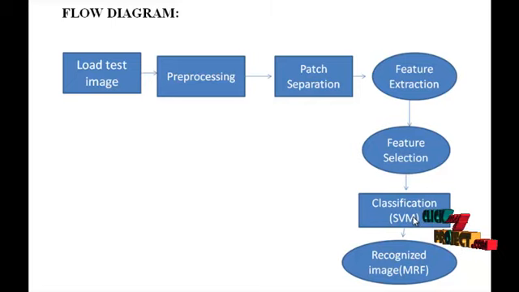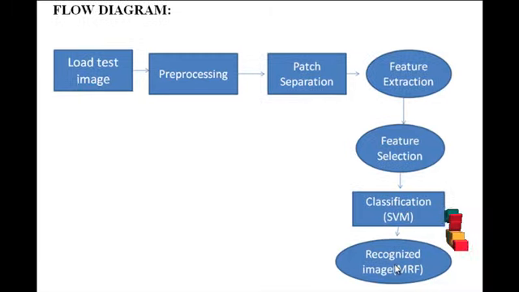In the classification block, we classify whether the image is frontal or non-frontal by using SVM, that is the support vector machine classifier. Support vector machines are supervised learning models with associated learning algorithms that analyze data and recognize patterns, used for classification and regression analysis. In the recognized image block, finally we get the recognized image by a Markov random field model.